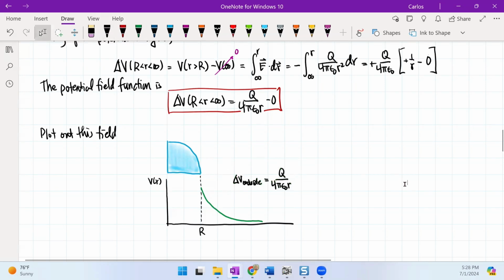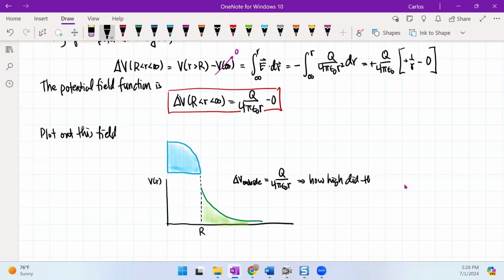So what does that mean? Well, if I look at this curve, the question that's being asked here is how high did the charge go up? So I'm looking at my charge. My test charge is out here, and then I'm going to bring it to this point right here.